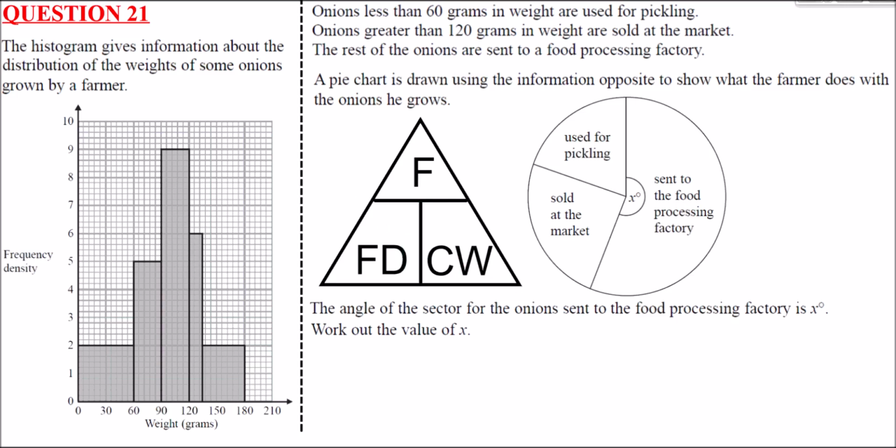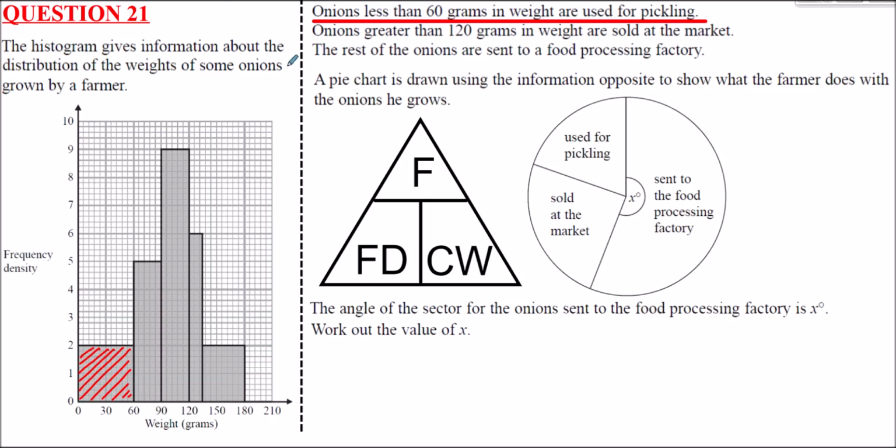So let's just break this into different parts now. First of all, we're told that onions less than 60 grams in weight are used for pickling. So let's consider those. Those less than 60 grams are these onions here, between 0 and 60.